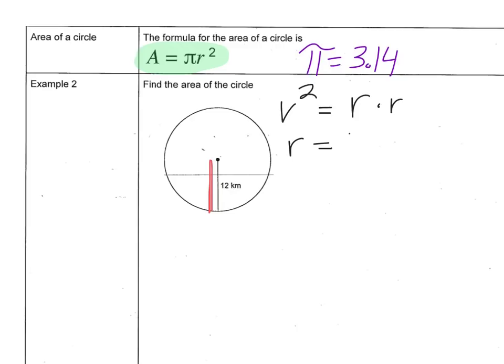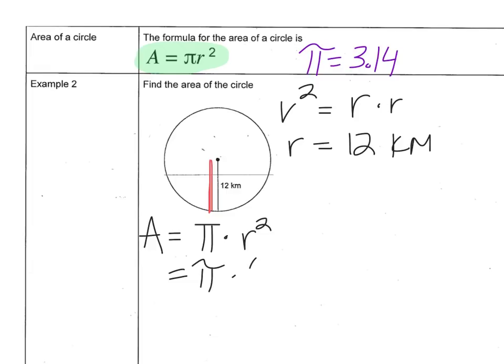So my radius is 12 kilometers. I'm going to go, the area of my circle is pi times my radius squared. Is pi times my radius, which is 12.